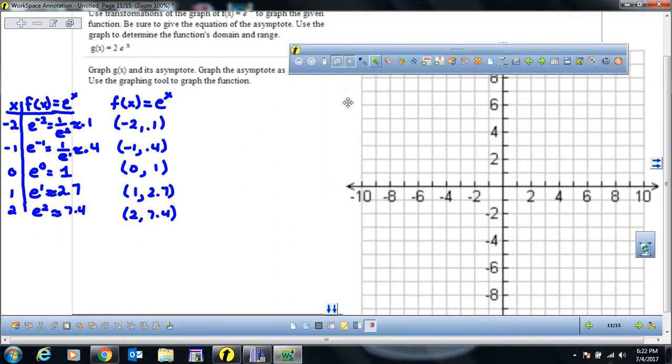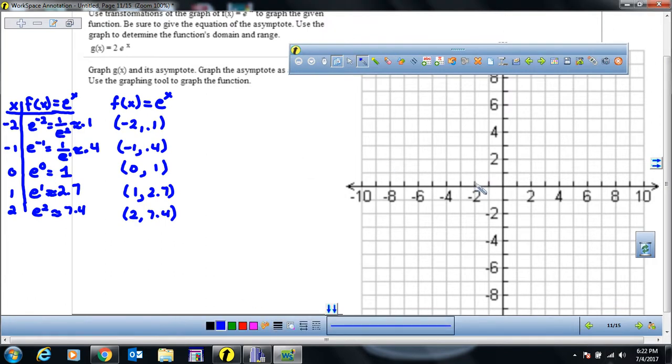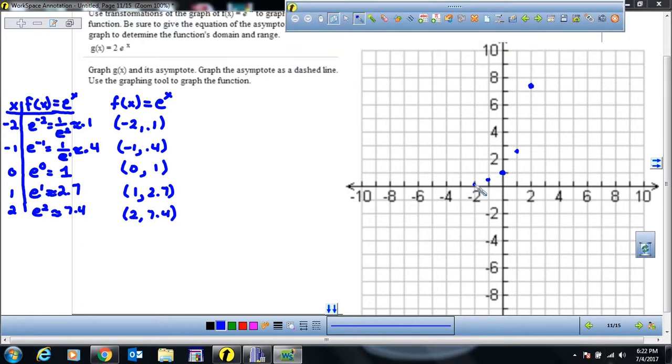Alright, so my points would be -2, 0.1, which is almost touching the x-axis right here. Then -1, 0.4, somewhere around this area. 0, 1, we knew that that one was going to be there by definition. 1, 2.7, which is somewhere around this area. And the last one is 2, 7.4, which is somewhere around this area. So that is going to create my function f of x.